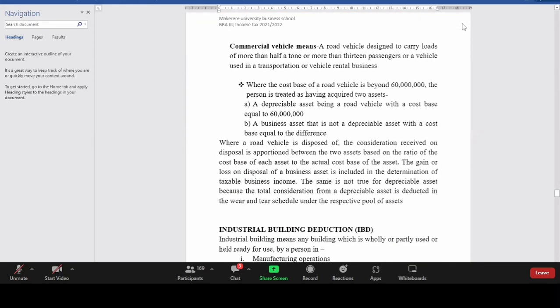And where you later sell that car, assuming after you've used it for 5 years, you have again sold two assets. You sold the depreciable asset, whose cost base was 60, but of course you will sell it at net book value at that time. Then you compare, also you would have sold another non-depreciable asset, any excess above 60 million.